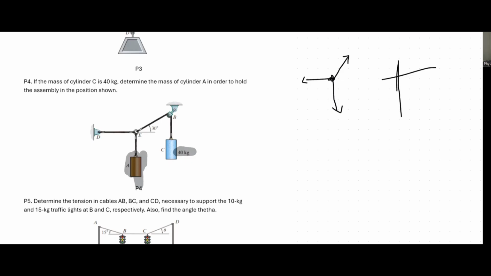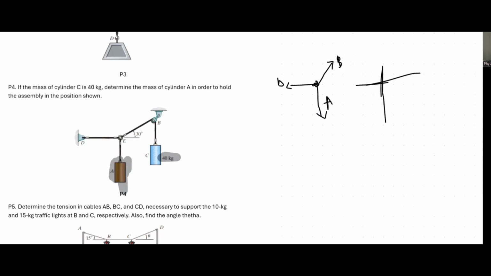This is A, this is D, this is B. We are going to resolve the component for B because we have a hanging cable.